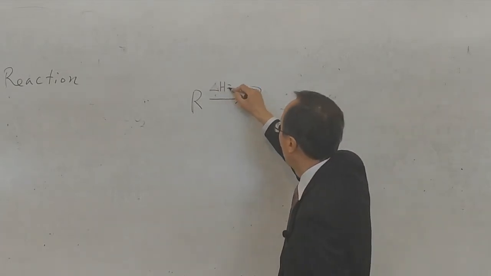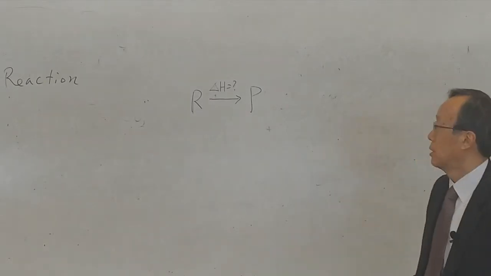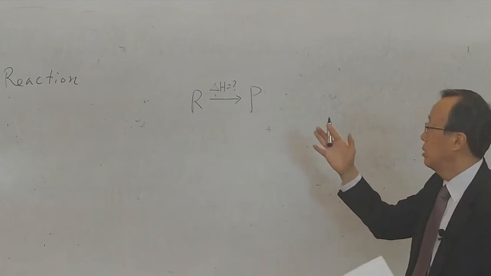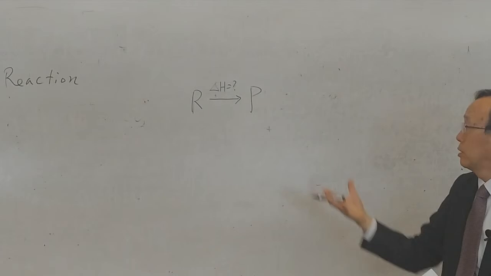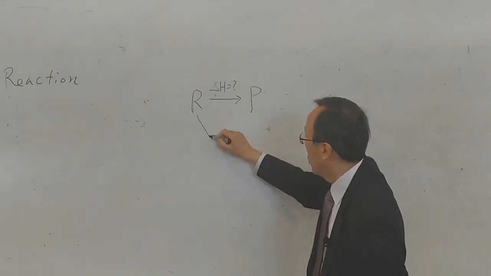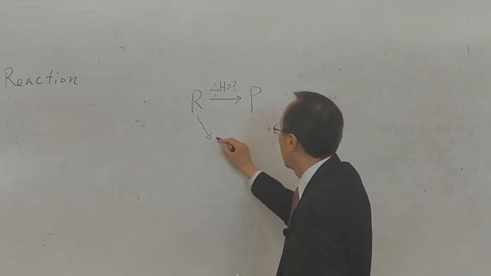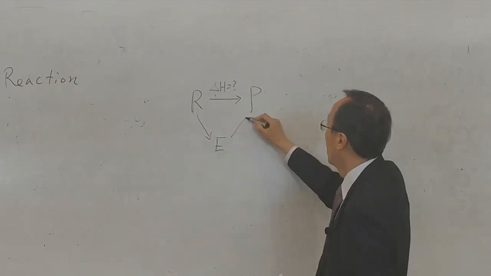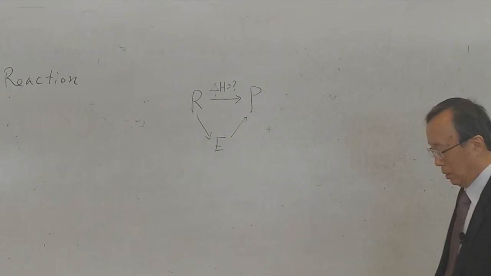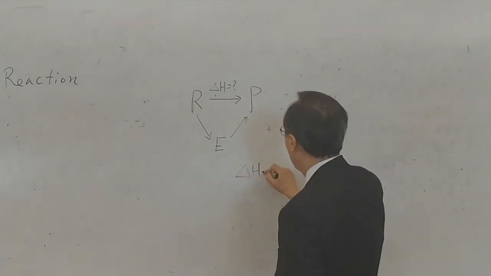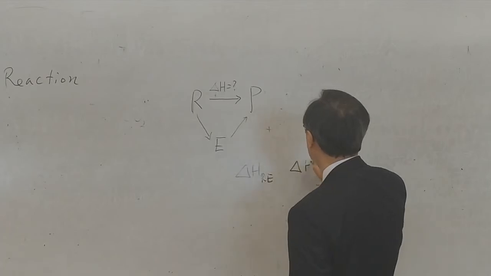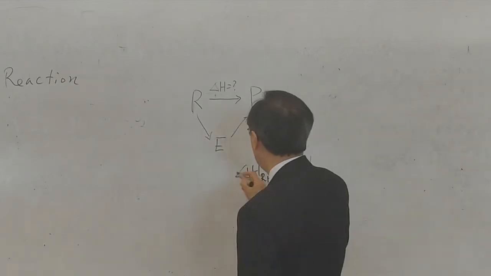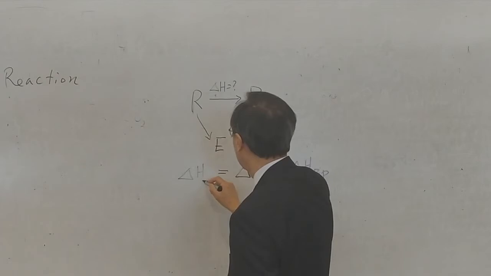We want to know the enthalpy of reaction, delta H from R to P. When it is difficult to obtain this delta H, we can go to some intermediate state E first, then go to P. We know the delta H R E and the delta H E P. So adding them together, we can get delta H R P.